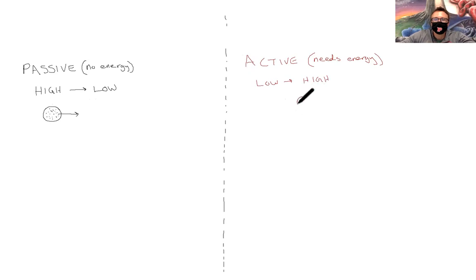Now, what about this example? We got a cell, but this time, draw as many dots as you can inside of your cell. I'm actually going to erase some of my dots that I made on the outside.